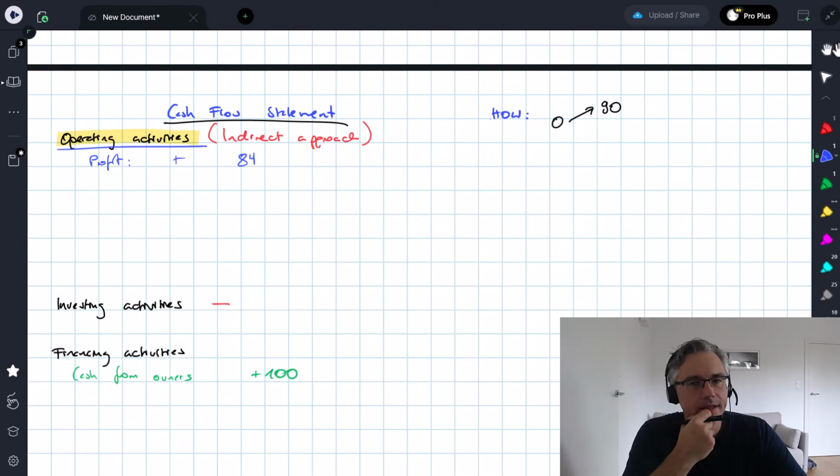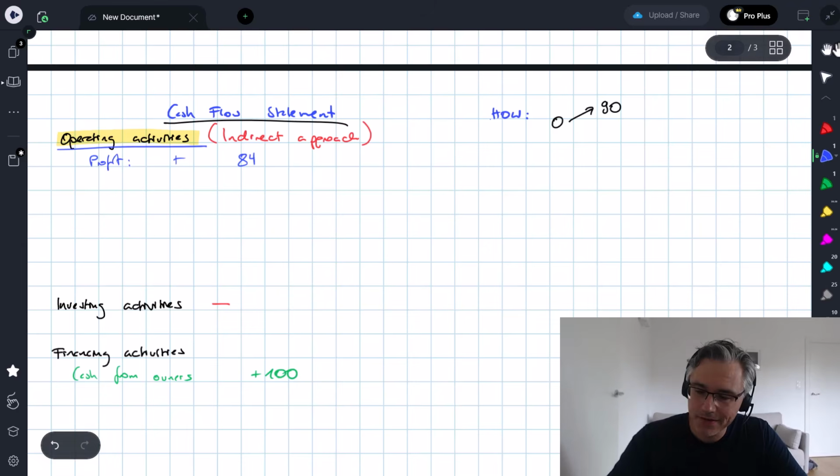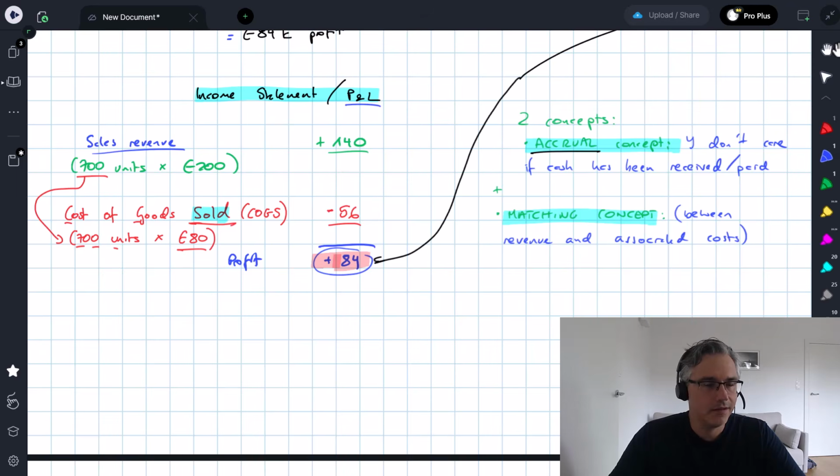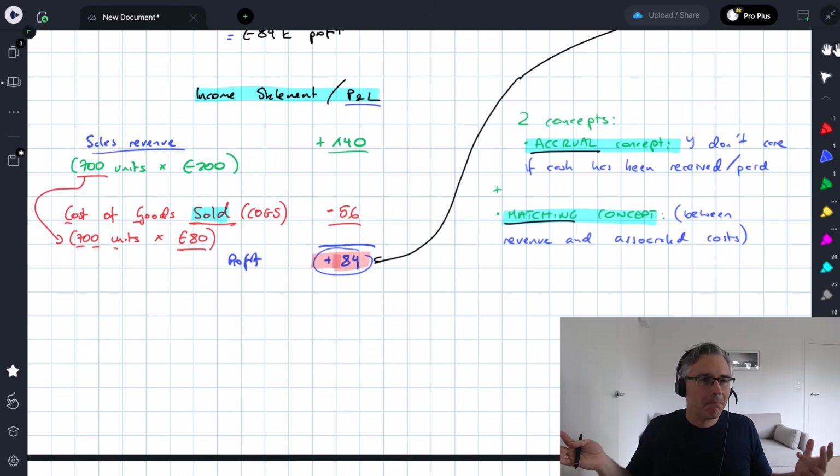Now, I've already said that this profit was computed using very specific accounting concepts, the accruals concept, i.e. I don't care if cash has been received or paid, I'll still show you that I've got revenue or I've got a cost, even if I haven't really settled either with a customer or with a supplier. And we've got the matching concept, where even though we may have purchased a lot more items, we only include as a cost the cost of those items that were in fact sold.